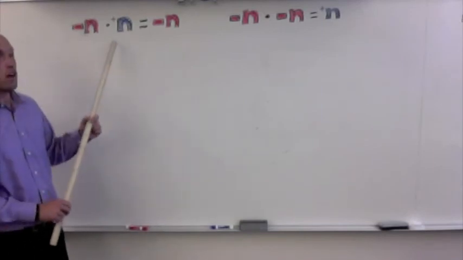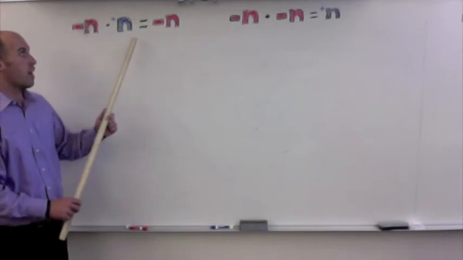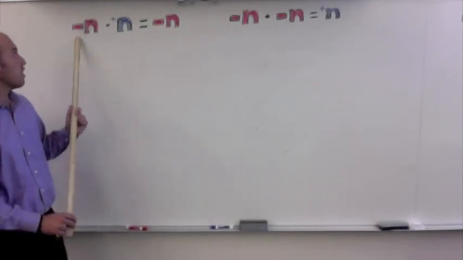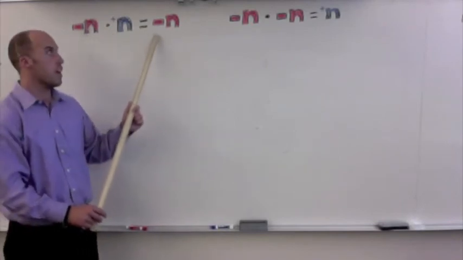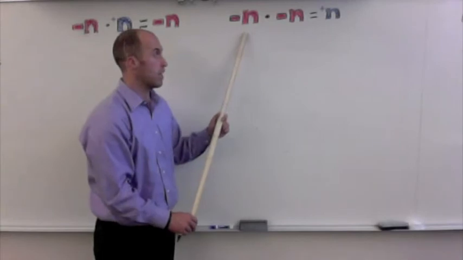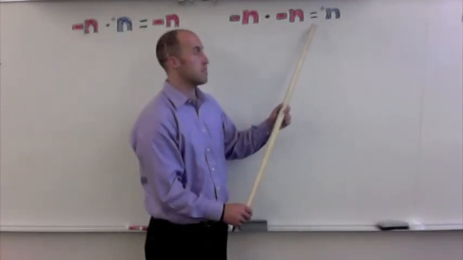It can flip around too. You can have a negative number times a positive number, and that will also equal a negative number. You can think of it as unlike signs create a negative vibe. Like signs, when we go negative times negative, is a positive. Like signs are a positive vibe, and they become positive.